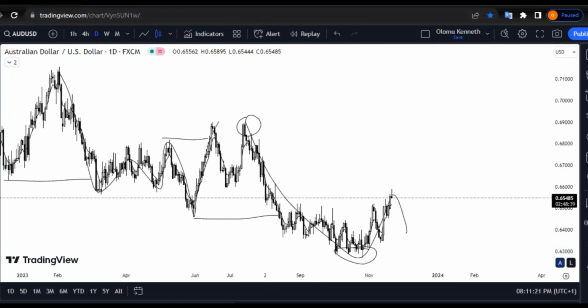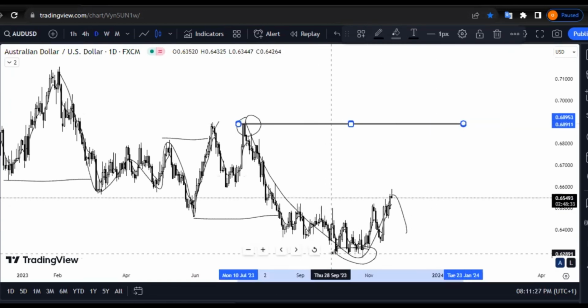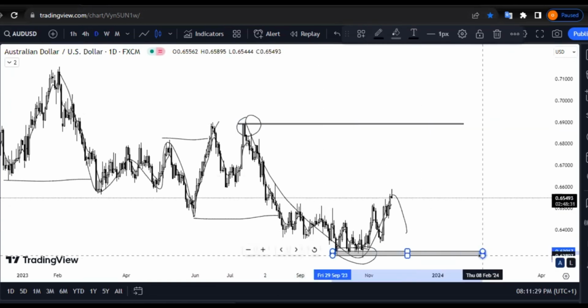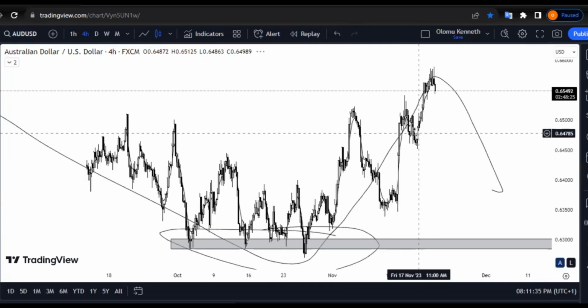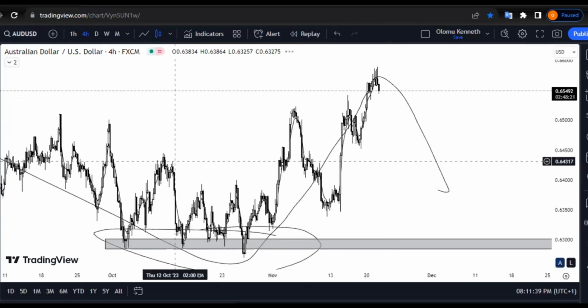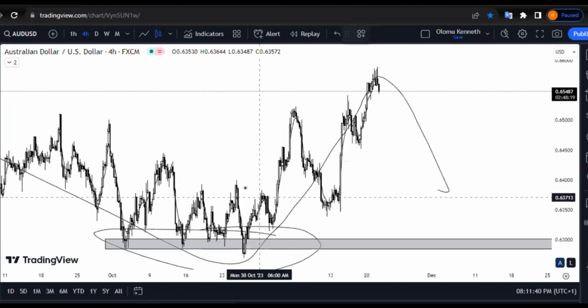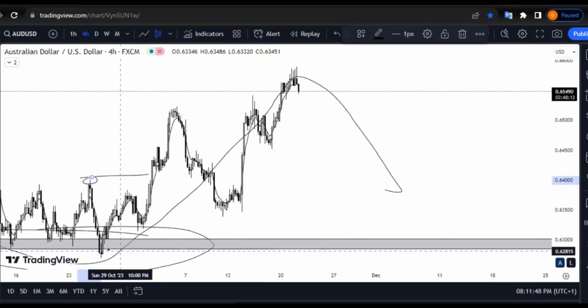So we have a range here, from this point down to this point. So this is our range. What's the H4 time frame saying? The H4 time frame has been bullish because we have, first of all, this last push to the downside.